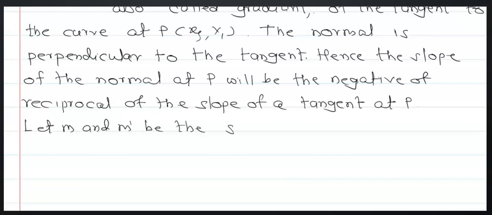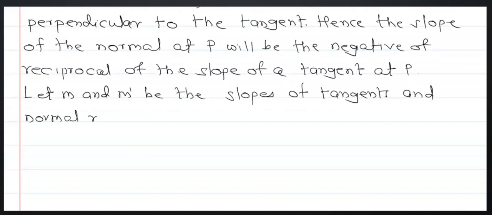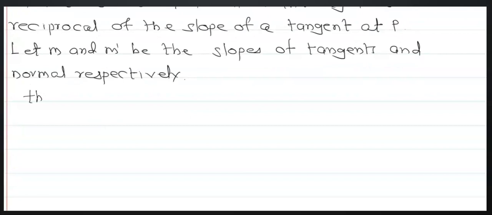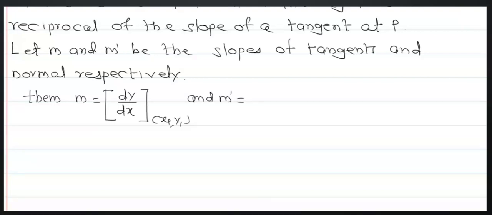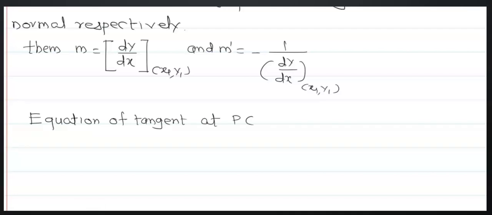Let m and m dash be the slopes of the tangent and normal respectively. Then m is equal to dy by dx at the point x1, y1, and m dash is equal to minus 1 upon dy by dx at the point x1, y1. It means that the slopes of the normal and the tangent are negative reciprocals of each other.